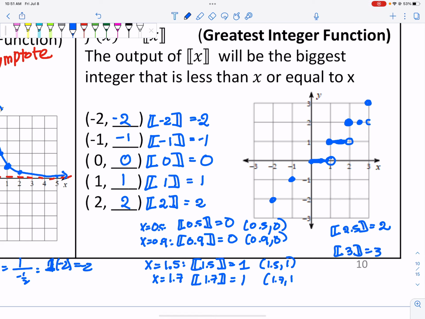And then right here, we're going to have an open circle. And we're going to draw a little segment right here to represent if we were to put in a 2.9, the output would be 2, 2.1, output would be 2, and so on. So we can kind of see the pattern right here. Now let's finish off the pattern here.